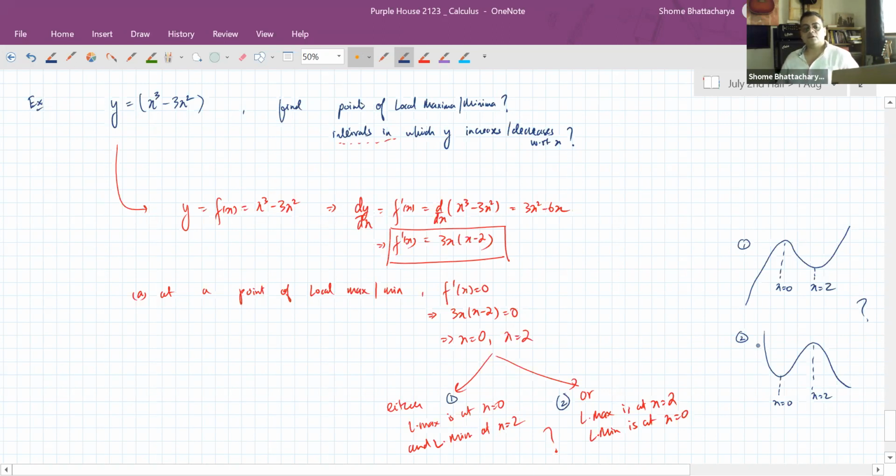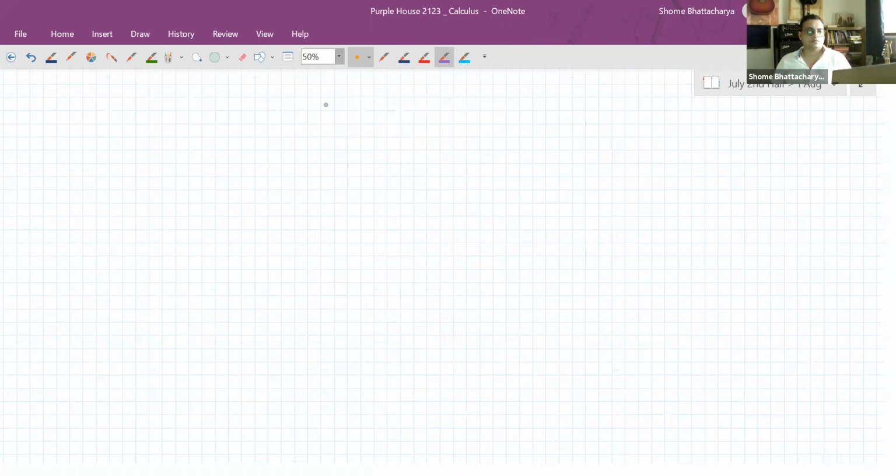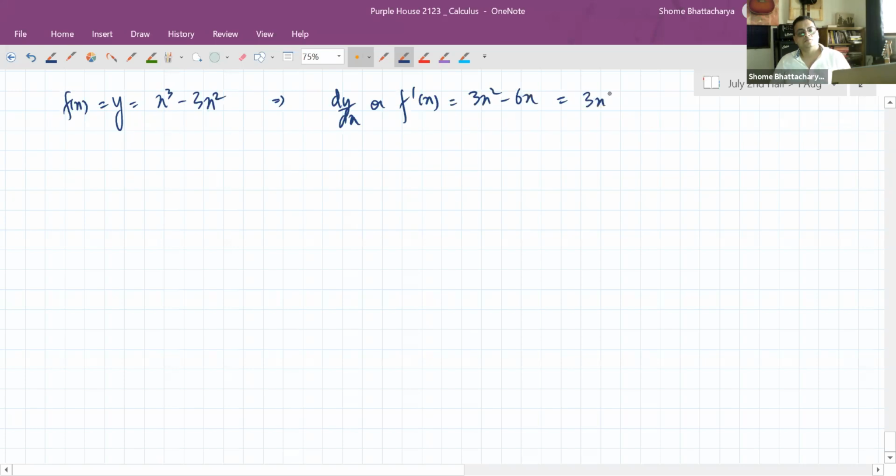Okay, so to find out which of these two graphs is the case, we need to answer this question: in which interval y increases and in which interval y decreases. This was what we had so far.